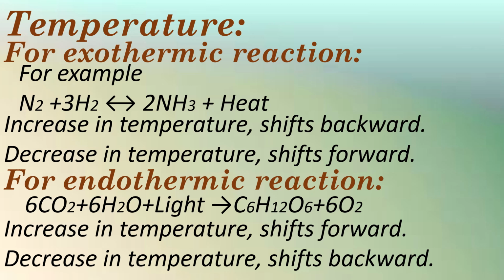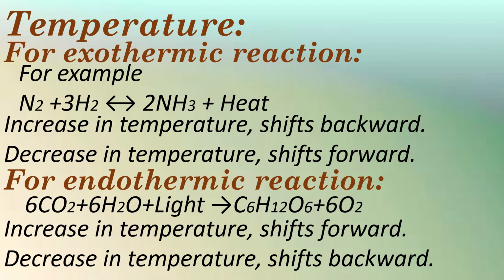Now, for endothermic reaction, we have an example of photosynthesis. 6 moles of carbon dioxide react with 6 moles of water in the presence of sunlight, producing glucose plus 6 moles of oxygen. This is an endothermic reaction because it occurs by absorption of light. In exothermic reaction, reactants are more energetic.